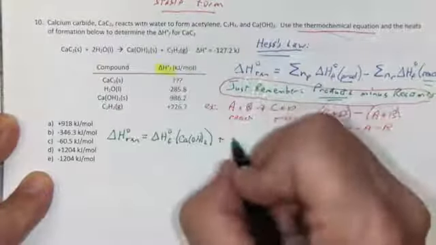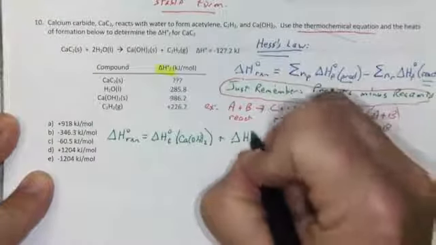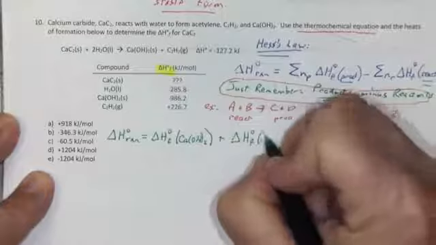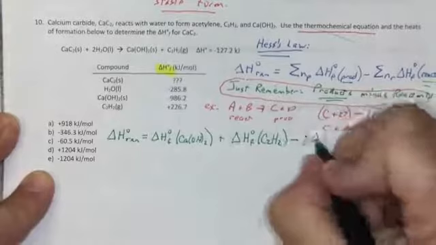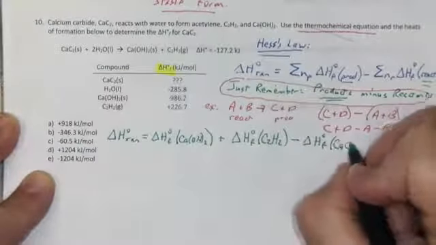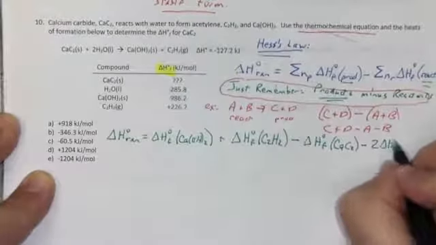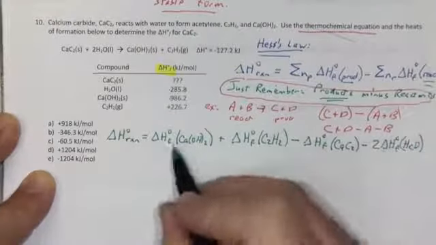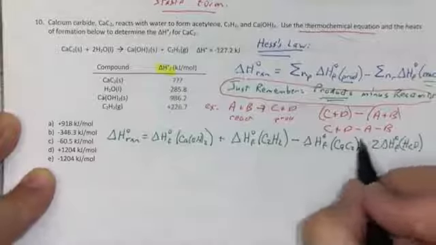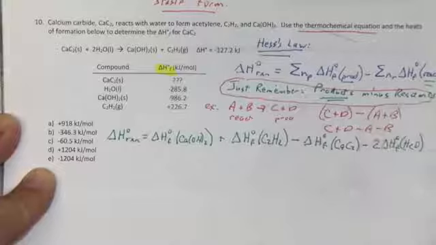So plus the delta H, it's products, delta H 0 of formation of C2H2, minus reactants, minus the delta H 0 of formation of CaC2 and minus 2 times the delta H 0 of formation of water. Now again, why is it products minus reactants? Why do I subtract the second one? It's because it's minus the sum of these, and that negative sign is distributive.